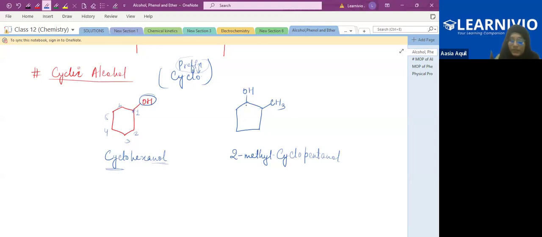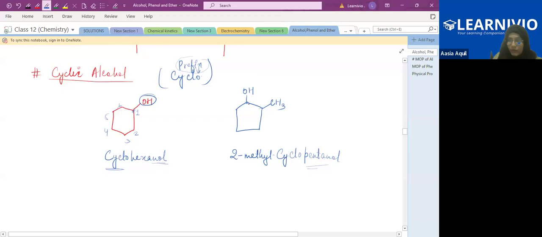Okay. Similarly, second one. See how this 2-methylcyclopentanol, ये name कैसे आया? So see, this is a hydroxyl group. Okay, so as I told you, start the numbering from where? From that carbon to which the hydroxyl group is attached.